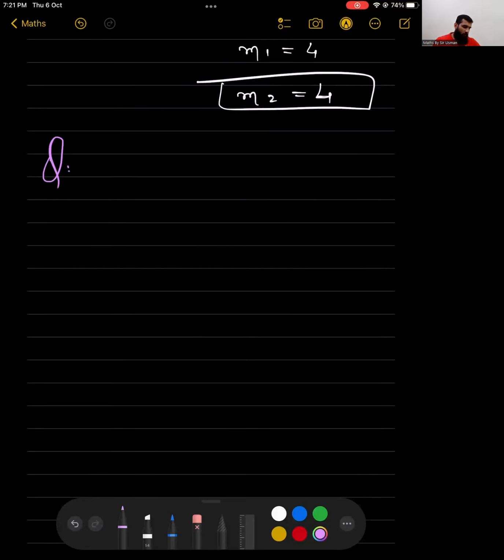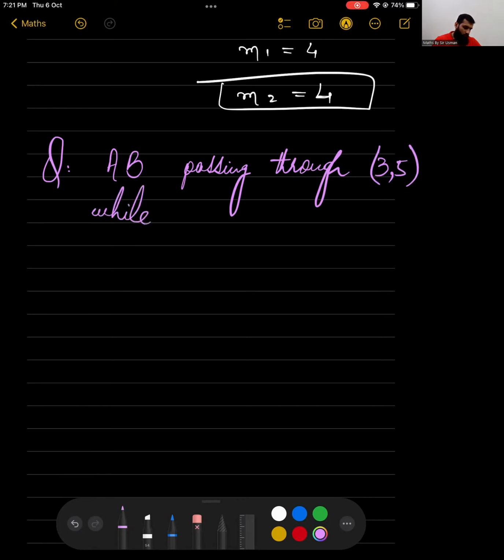So we have a line AB passing through 3,5 while being parallel to DC.